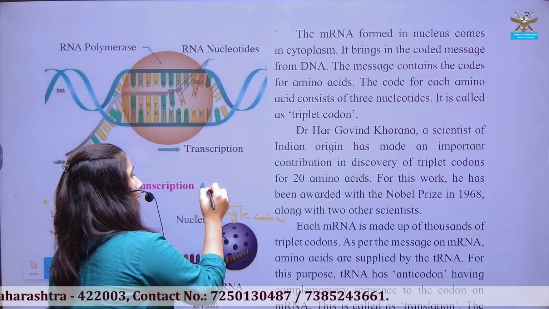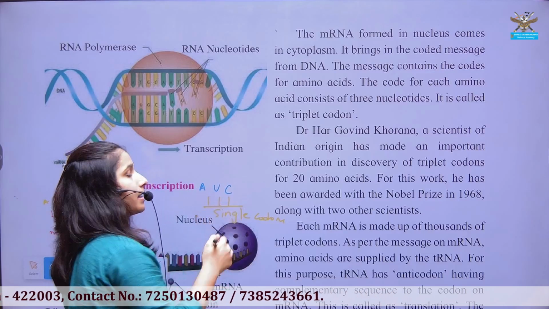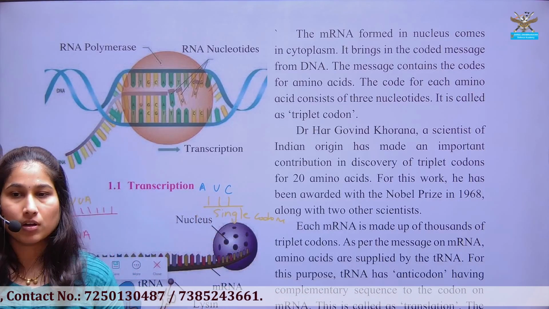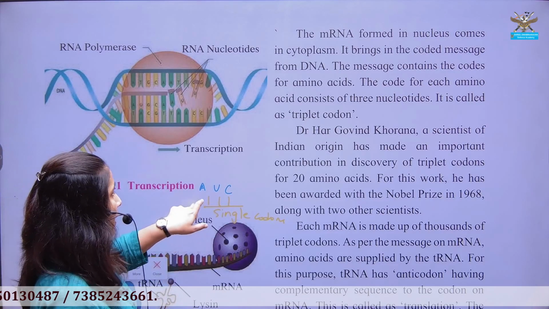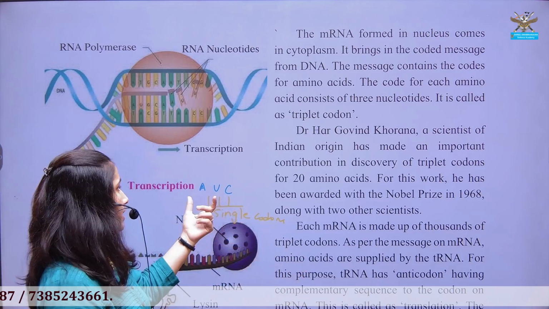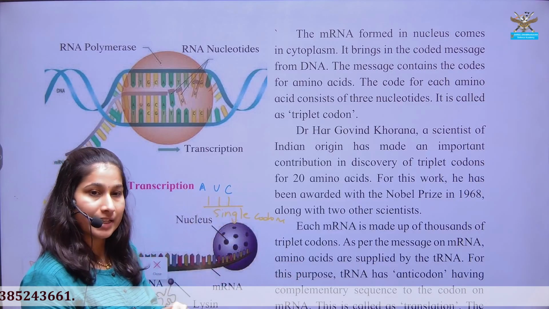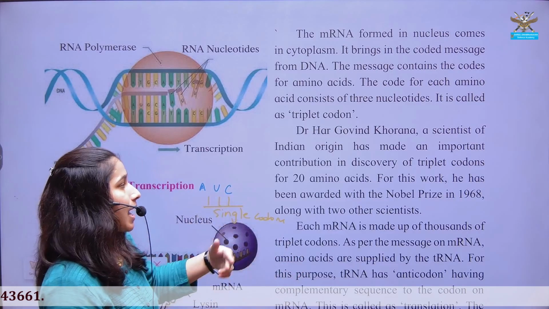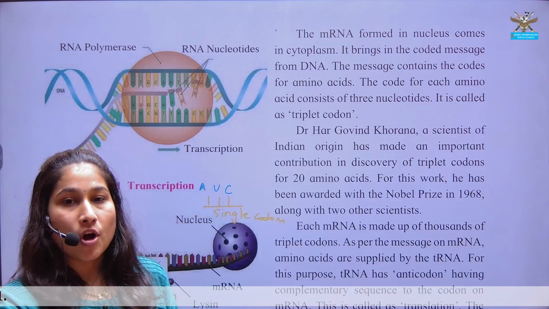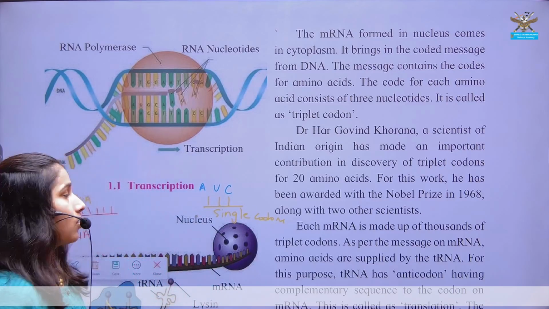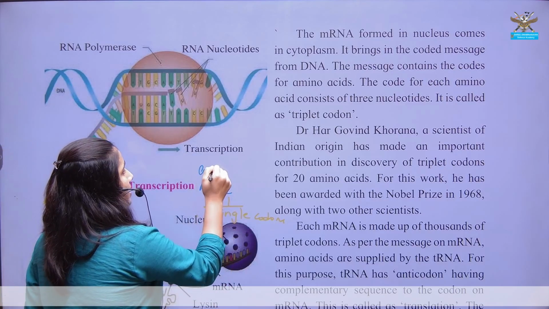So it may be A, U, C, any kind of nucleotide it may have. So these particular triplet codons, or these messages, are read by tRNA, and this tRNA then further forms the polypeptide chain of these amino acids.